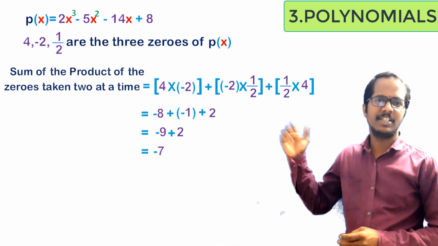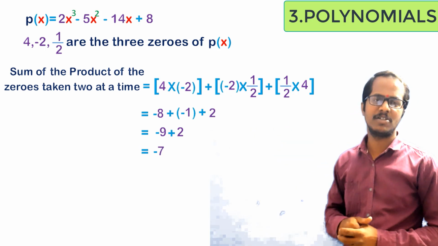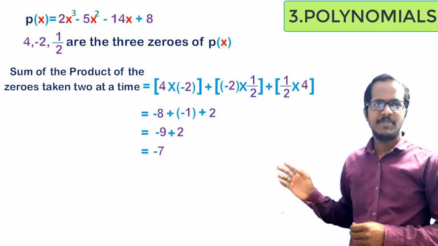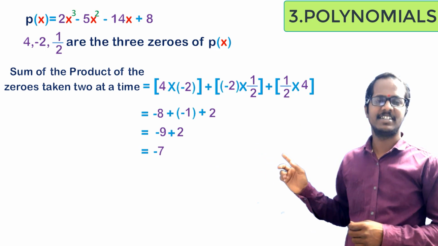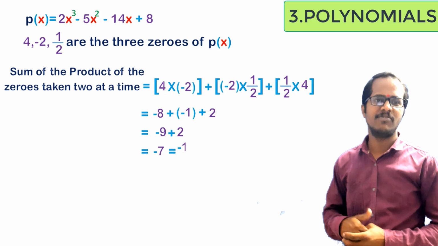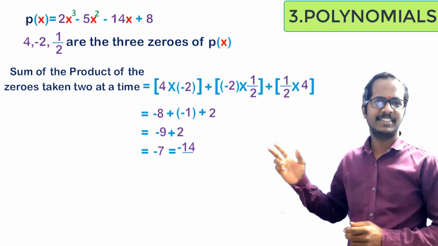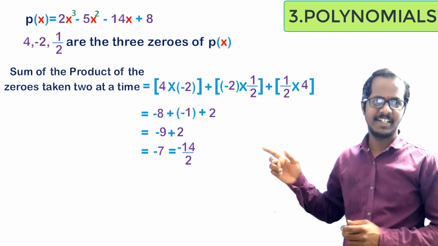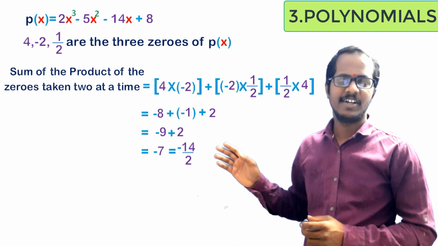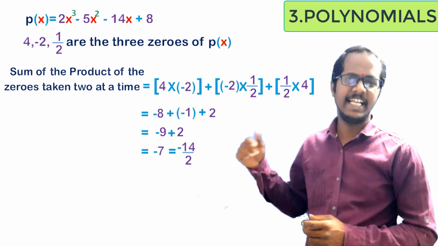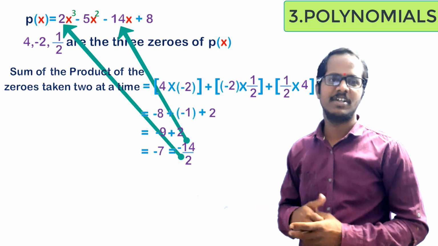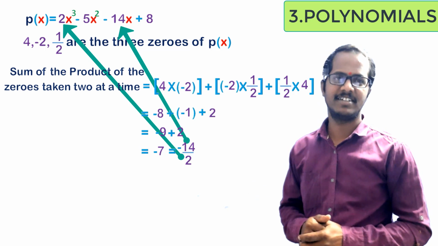as 7 in the given cubic polynomial, but we can express this minus 7 as minus 14 by 2, and this minus 14 and 2 are related with the coefficients of the given cubic polynomial.